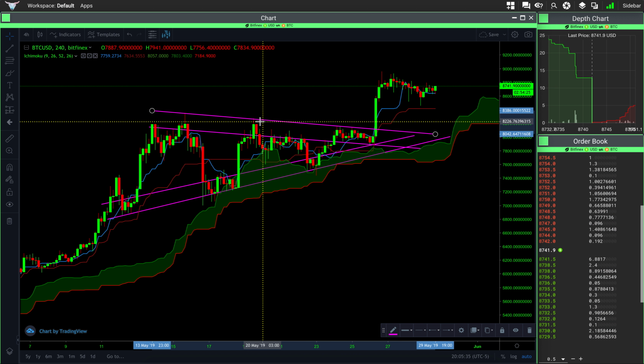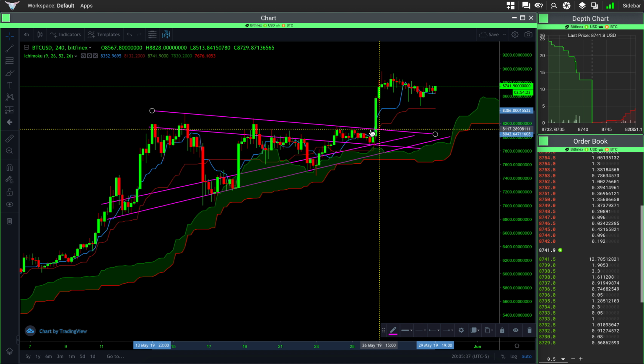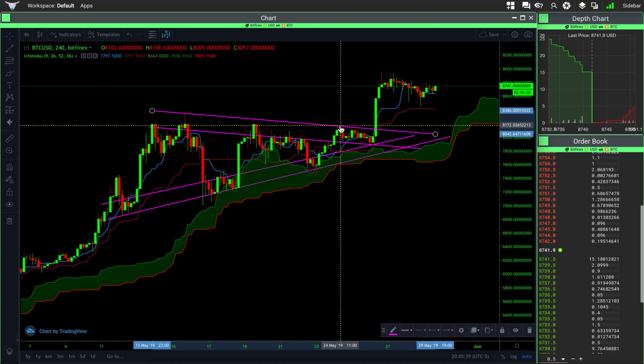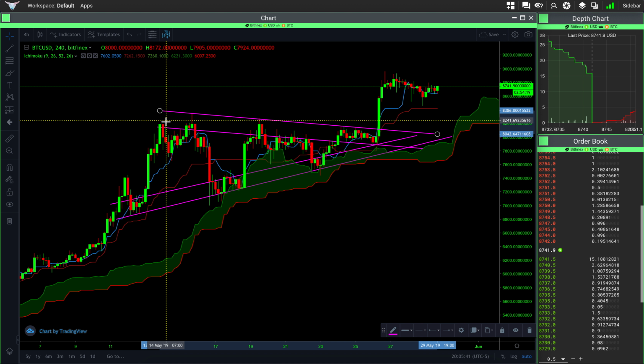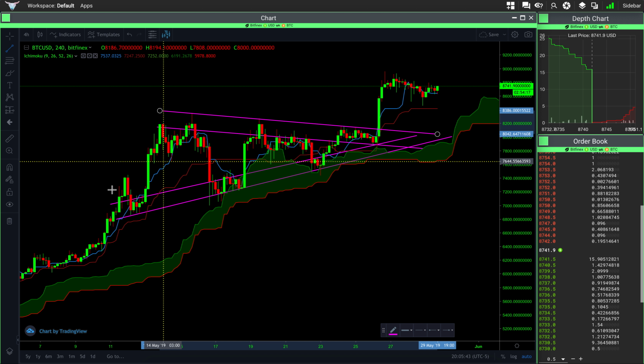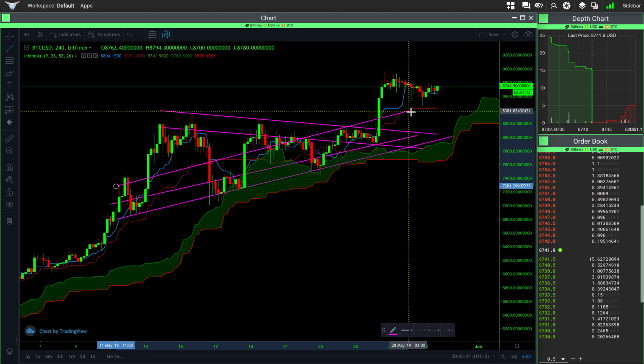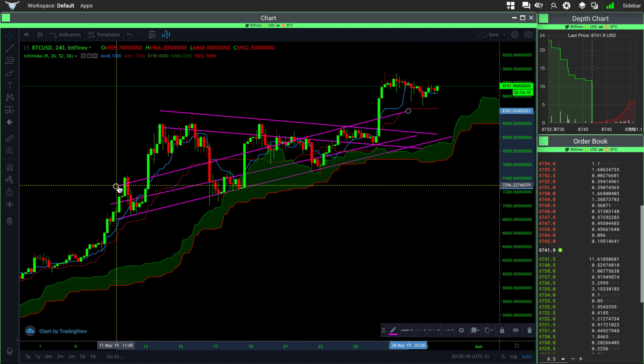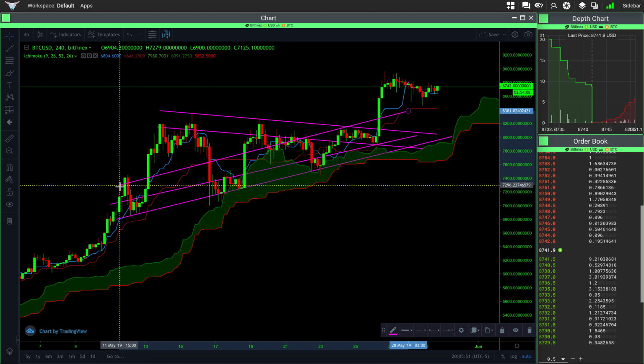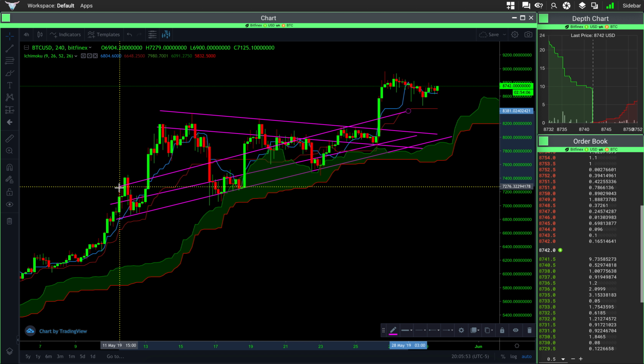Definitely a resistance through here. So I'm sure a lot of people were trading that. Where else do I see one? I think I see one through here. This looks like one too. Right about, I'd say through here.